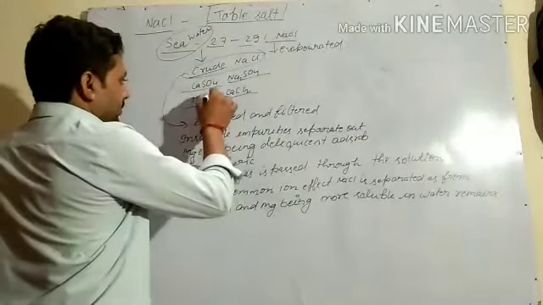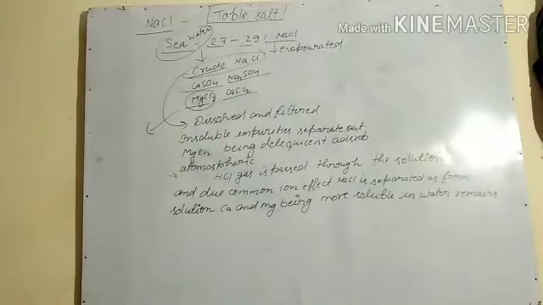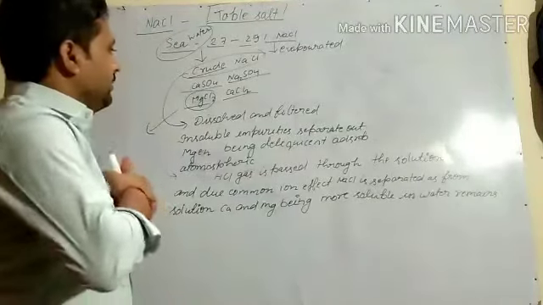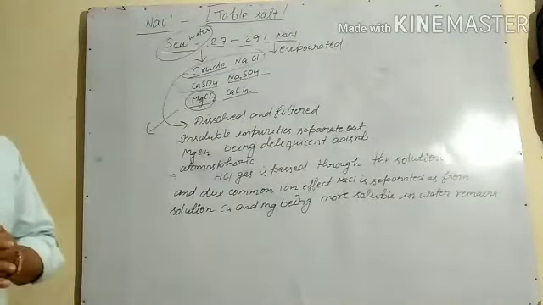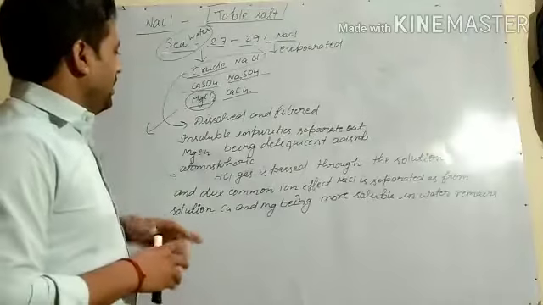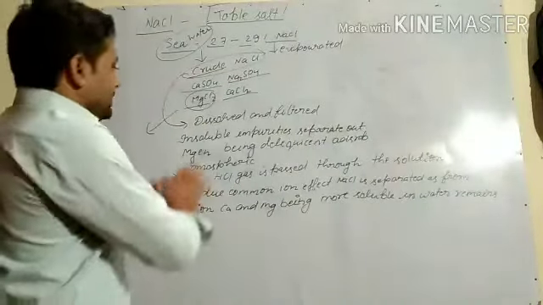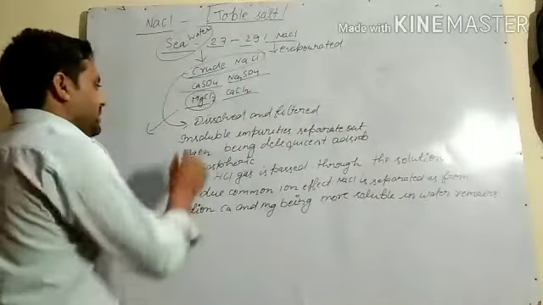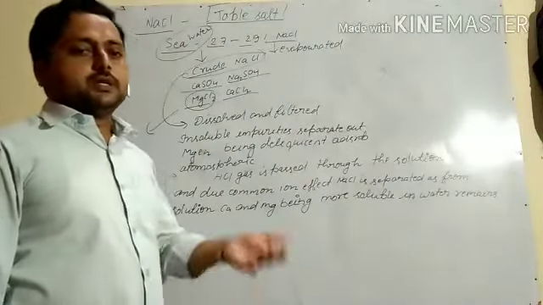Magnesium chloride, being deliquescent, absorbs atmospheric moisture. This crude is dissolved and filtered, so the insoluble impurities of crude NaCl are separated.